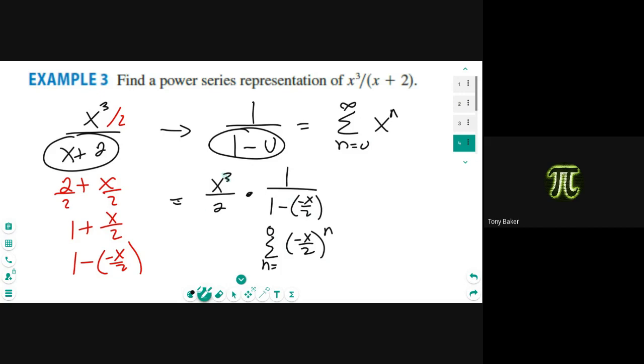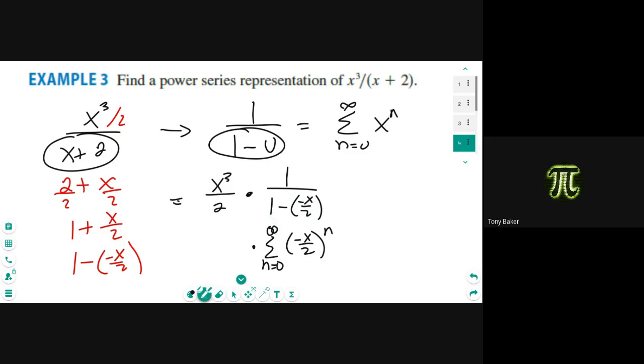I haven't touched the x to the third over 2 yet. So does everybody see how I did that? Oh, sorry, 0 to infinity. There you go. Everybody see I got from there to there. I will redo my 0 and infinity there now.